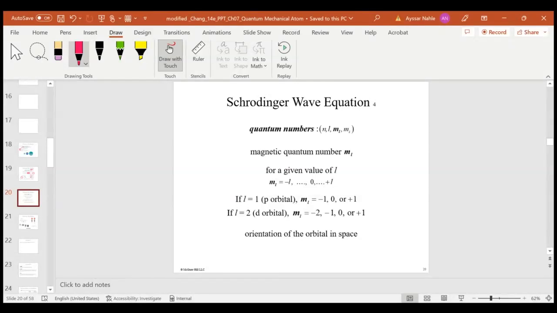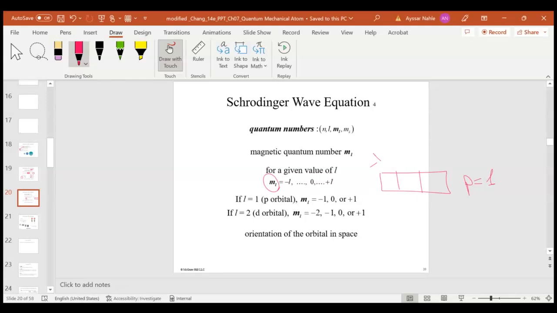Now, again, ML goes from where to where? From minus L to plus L, all right? If P is 1, it has 3 compartments.